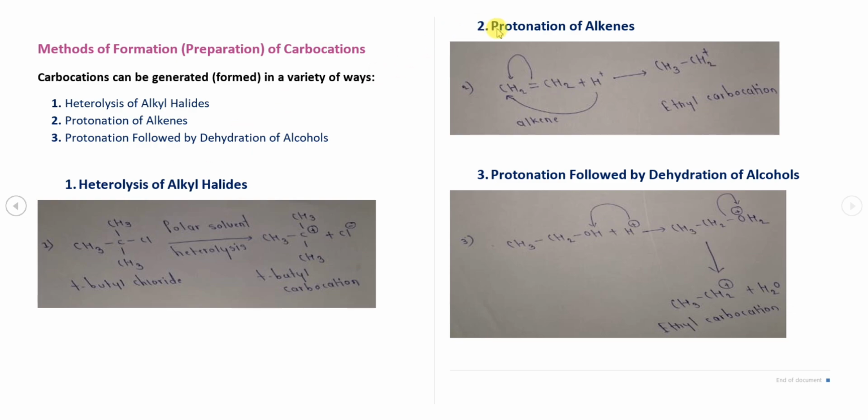Then the second method, protonation of alkene. The reaction includes an alkene reacting with a proton, which is then converted into the ethyl carbocation.